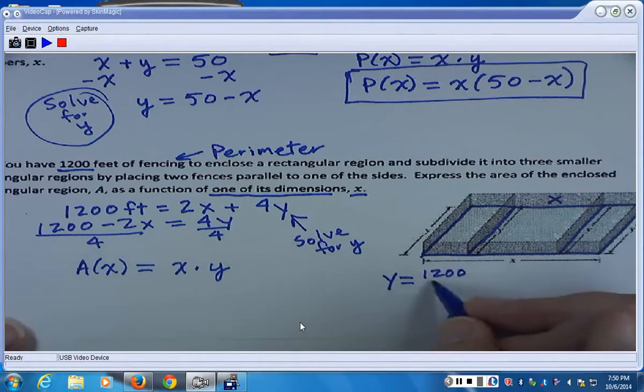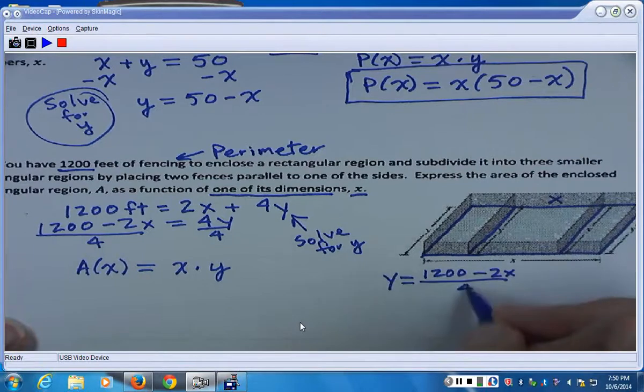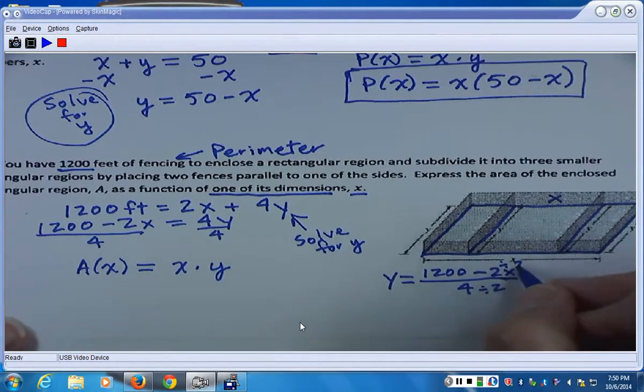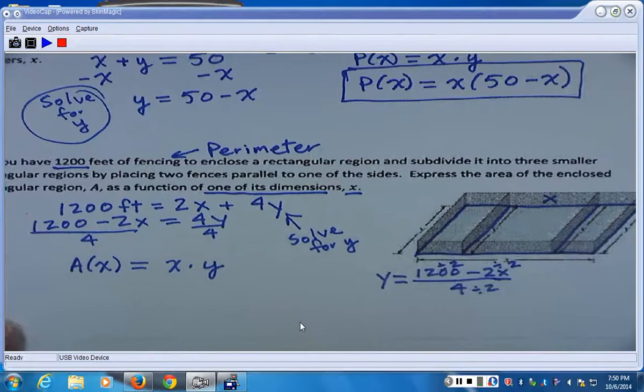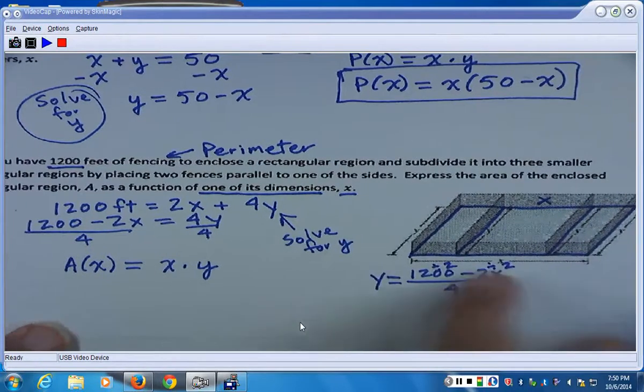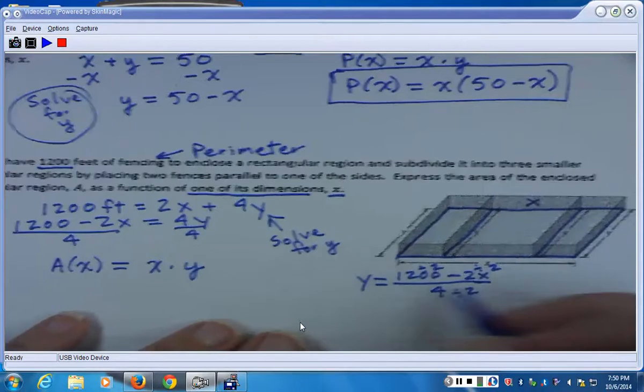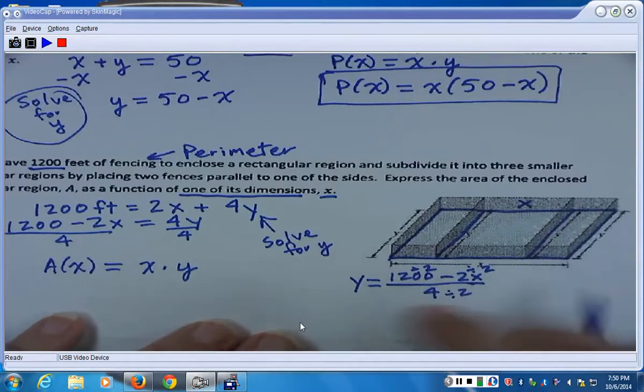1,200 minus 2x over 4. Notice you got a minus sign here, but you can divide a 2 here, a 2 here, and a 2 here. Or you could have seen that you could factor a 2 out of this thing and cancel. But because you have a minus sign, you have to divide the same thing out of each of these numbers.